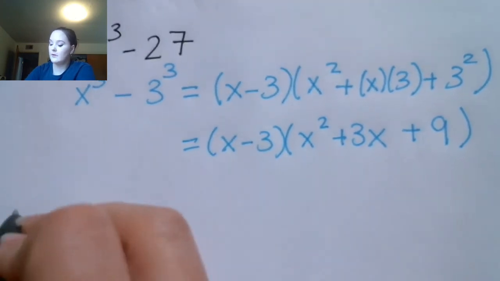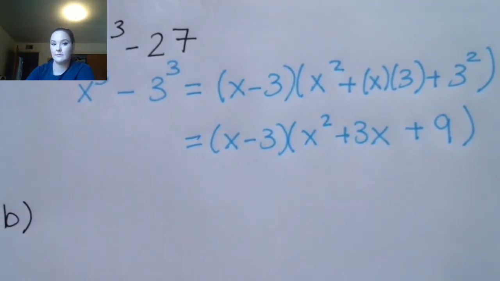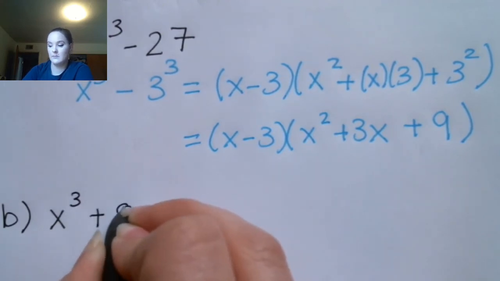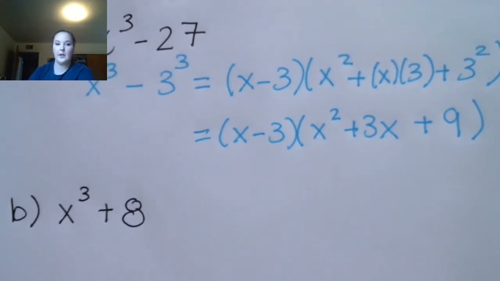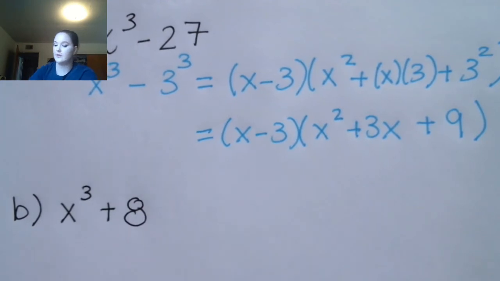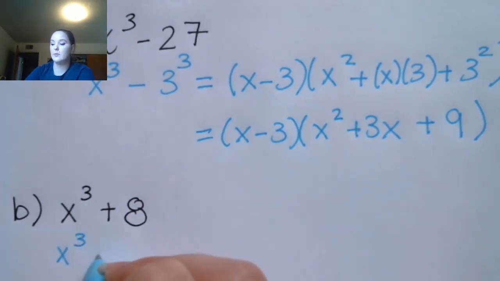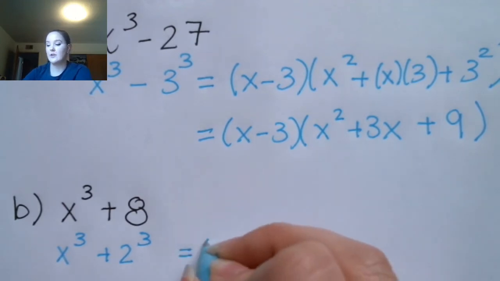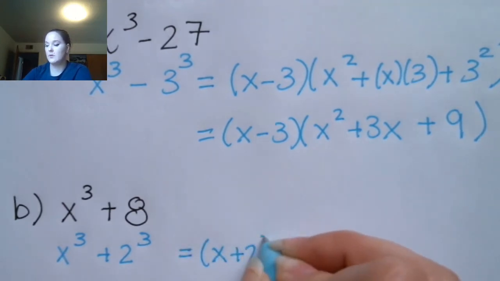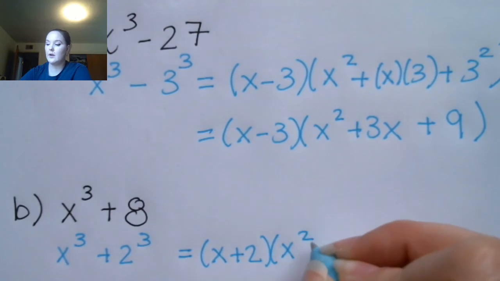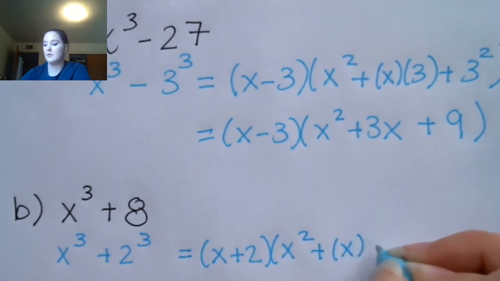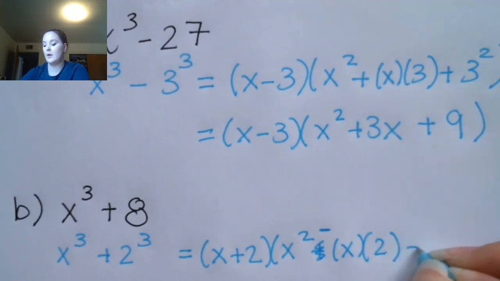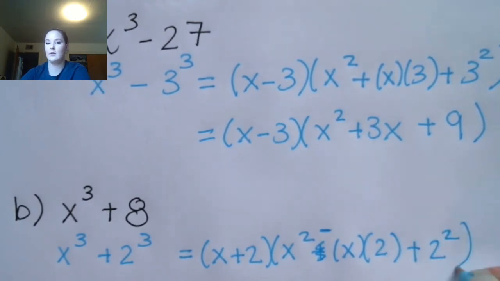Let's look at another one. So this is the sum of cubes. This is x cubed plus 2 cubed. So this is going to factor as x plus 2 times x squared plus x, minus x times 2, plus 2 squared.